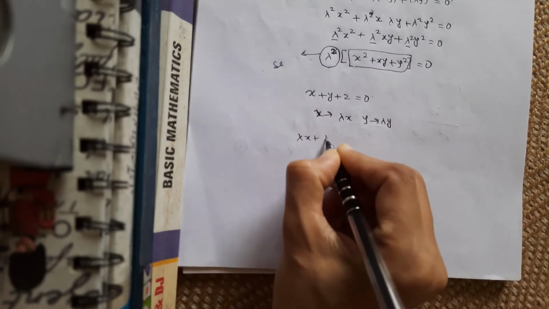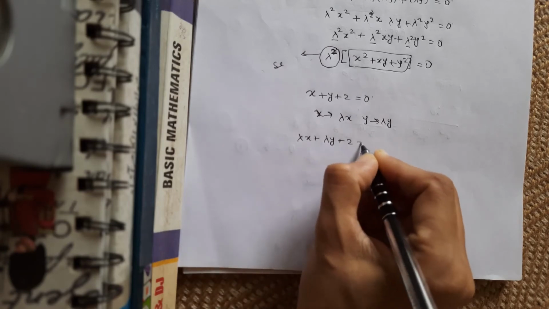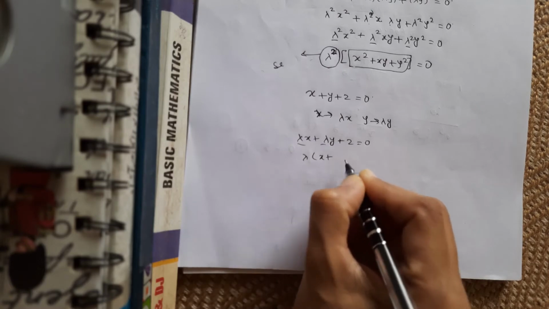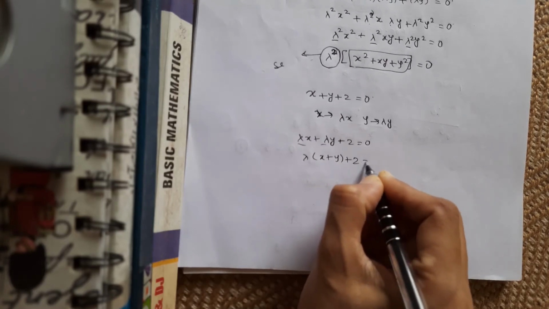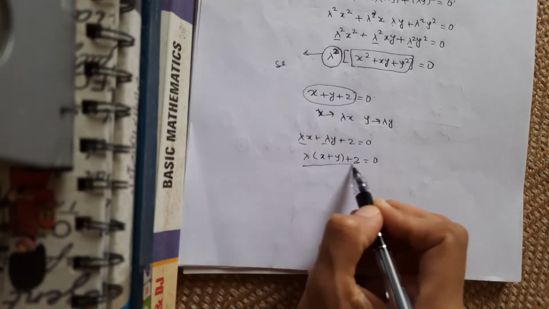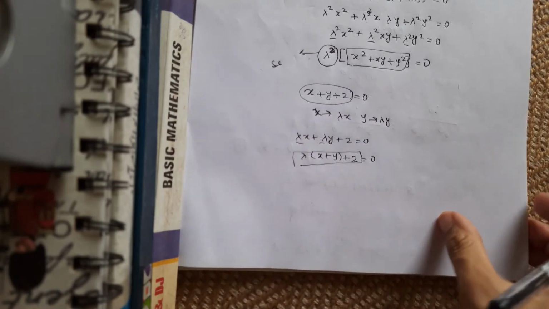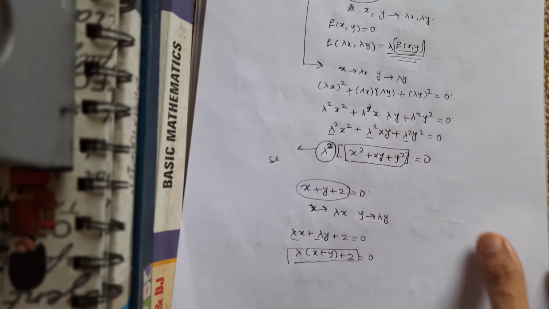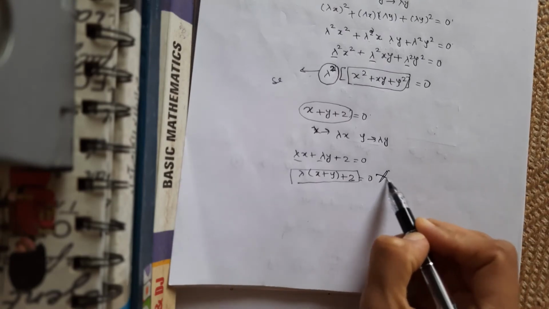Lambda x plus lambda y plus 2 equal to 0. Now I can take lambda common from this. I get lambda into (x plus y) plus 2 equal to 0. Now I am not getting the original equation, right? It has changed. I am not getting this form. Okay, so this is not a homogeneous equation.